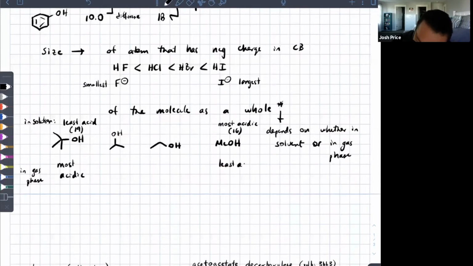The reason for that is that when you don't have solvation to help you out, the molecule itself will start to compensate by allowing the negative charge on the oxygen to spread out through the whole molecule, through sort of an induced dipole situation.